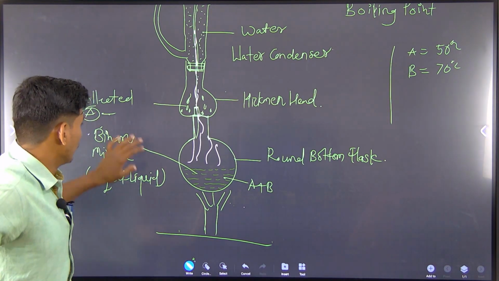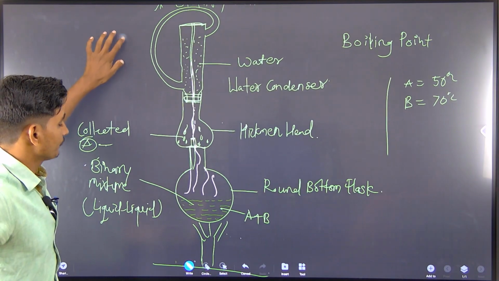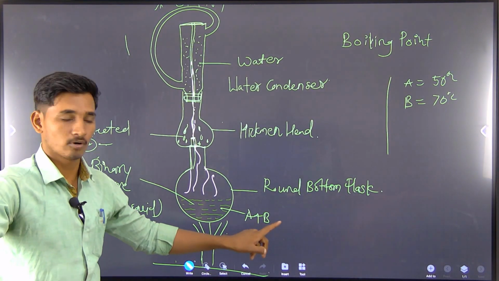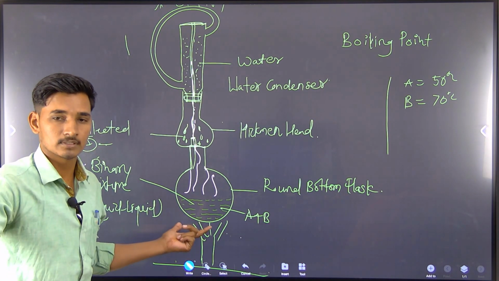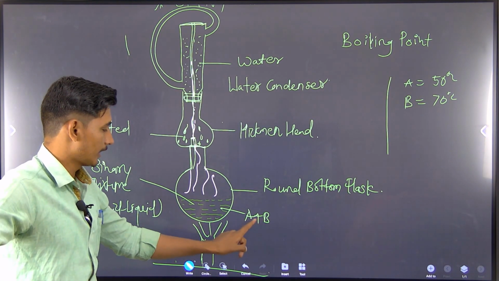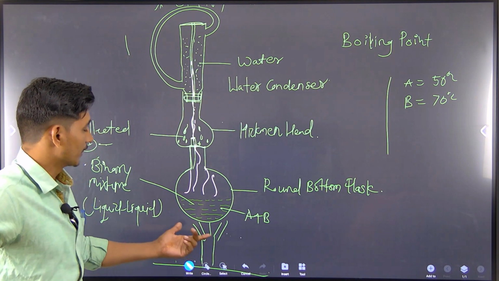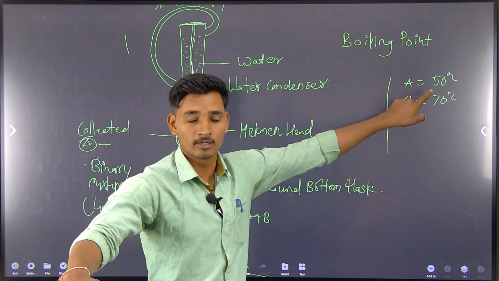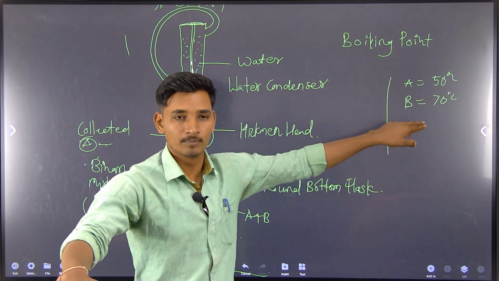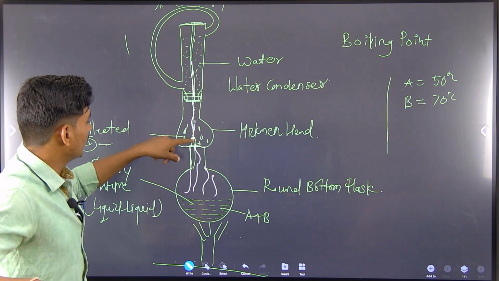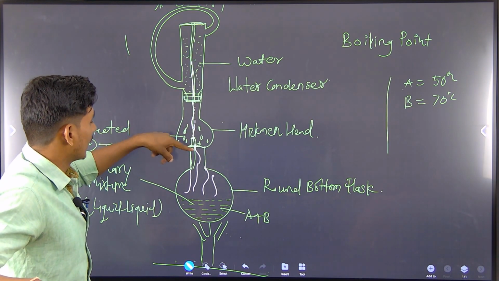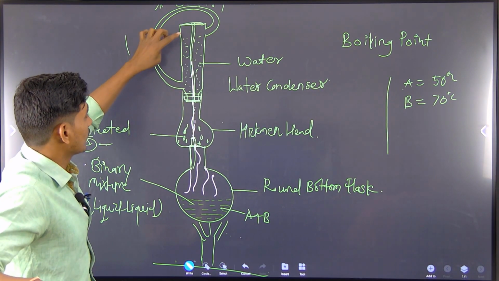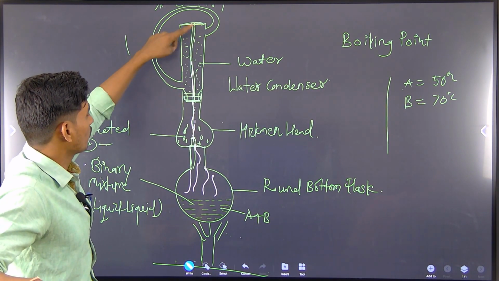Again I will repeat this concept, the distillation assembly. This is the RB, the round bottom flask. It contains both liquid compounds, liquid A and liquid B. After providing some heat, the vapors of compound A, because compound A has a lower boiling point compared to B, will evaporate and go to the Hickman head. After the Hickman head they go to the water condenser, which has a continuous flow of cool water.